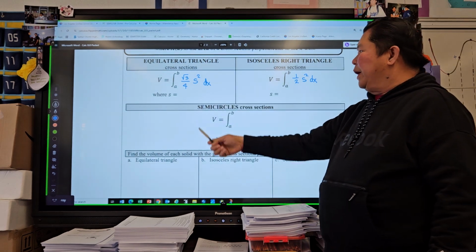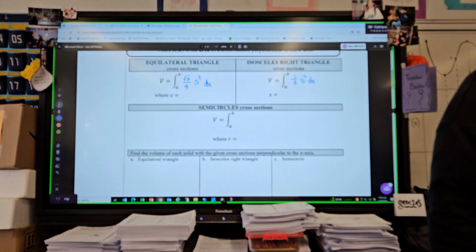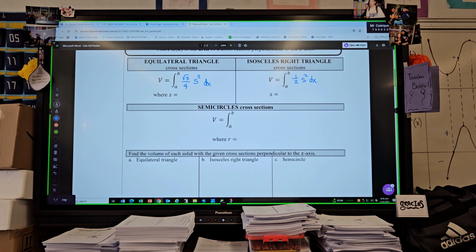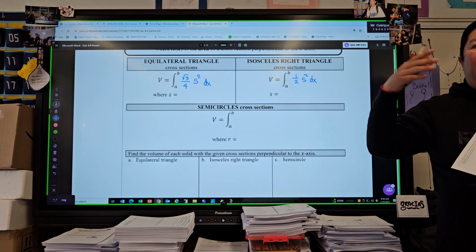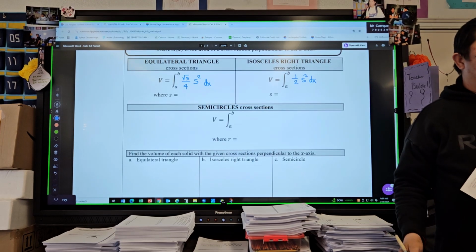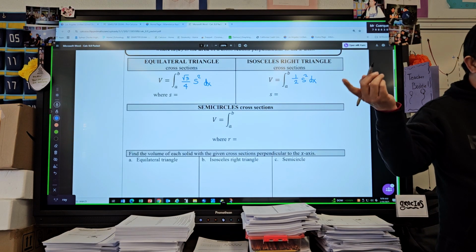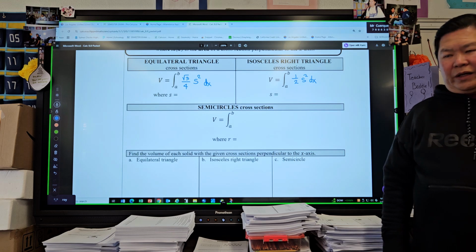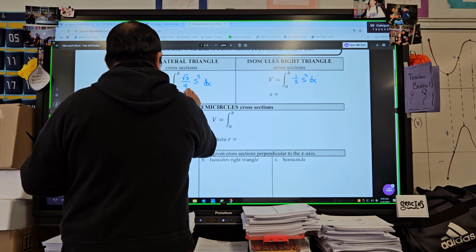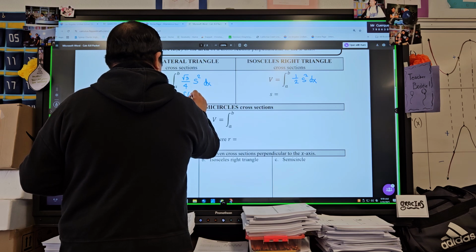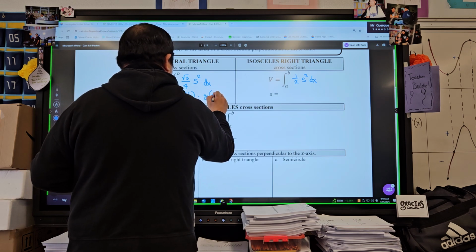So right here where s is, what do you think is s on the first one? Like the value? How did we do the s last time? The bounded region would be the f of x minus the g of x. Very good. So s is equal to f of x minus g of x.